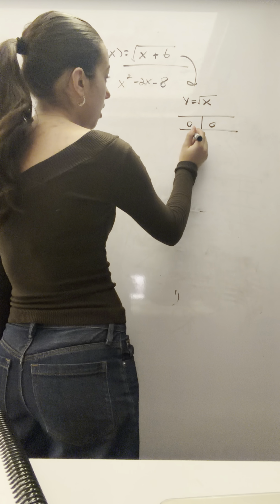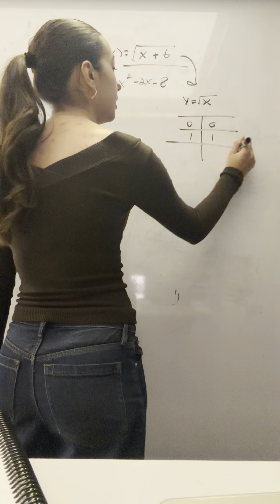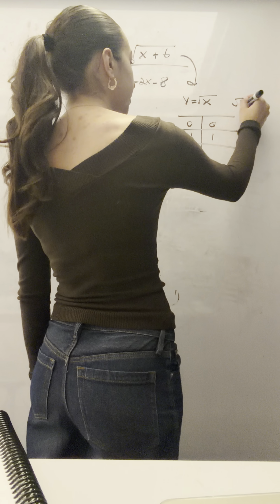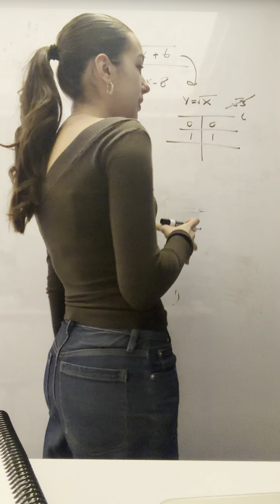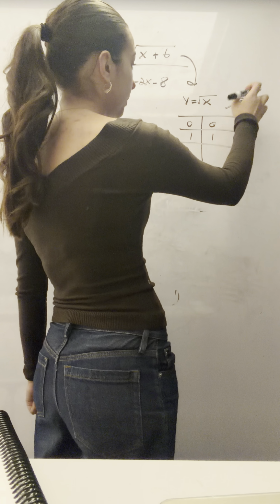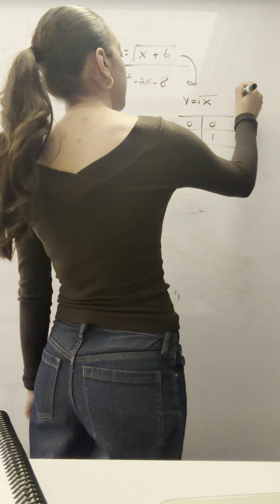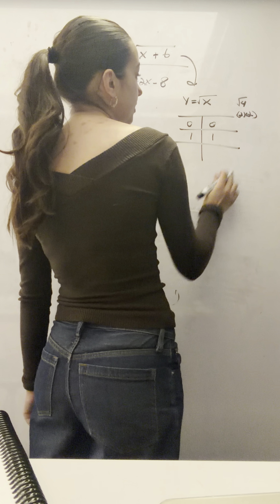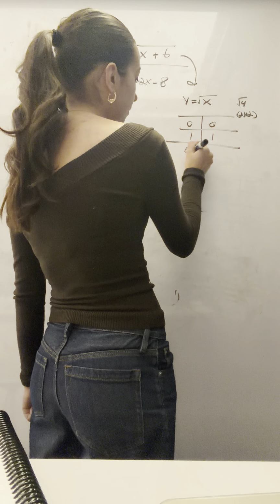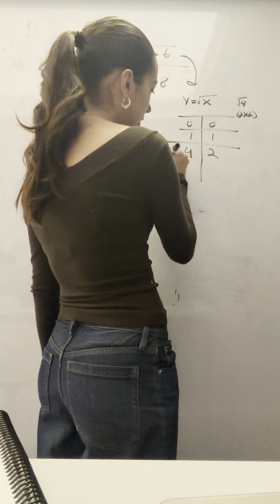Root of 1 is 1, and then root of 3, you can't do that because no number times itself is going to give you a 3. And then root of 4 you can do because 2 times itself is going to give you 4. So root of 4 is equal to 2, and you would go down the list.